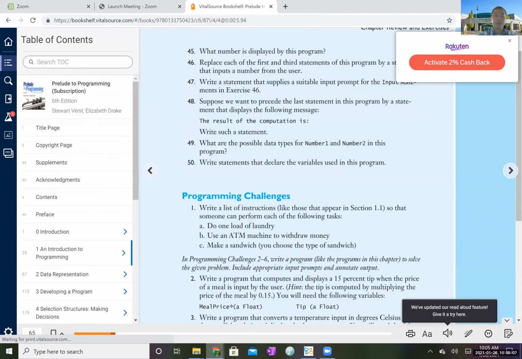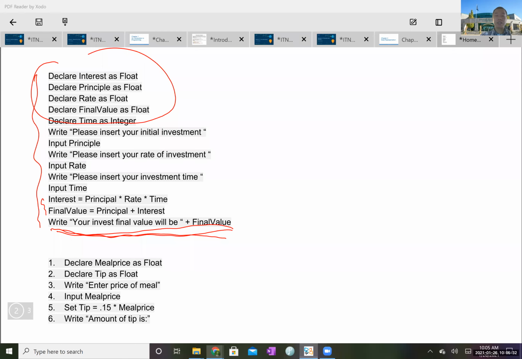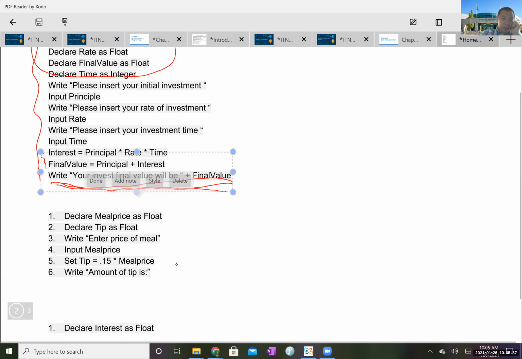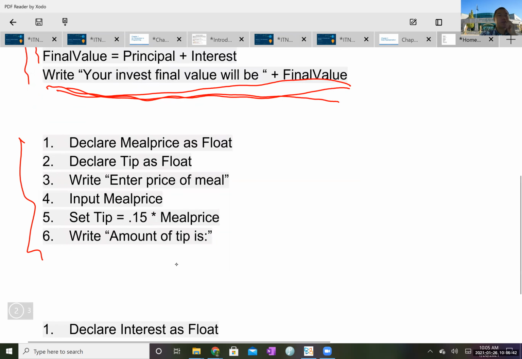Okay, so you see the requirement here. Write a program to compute and display investment, total interest, and the final value, right? So for this one, you have to identify in the analysis step that you have to print out both the interest and the final value here, not only the final value, right? So for this one, you see you are missing printing out the interest here. So how about this one? What do you think about this one here?